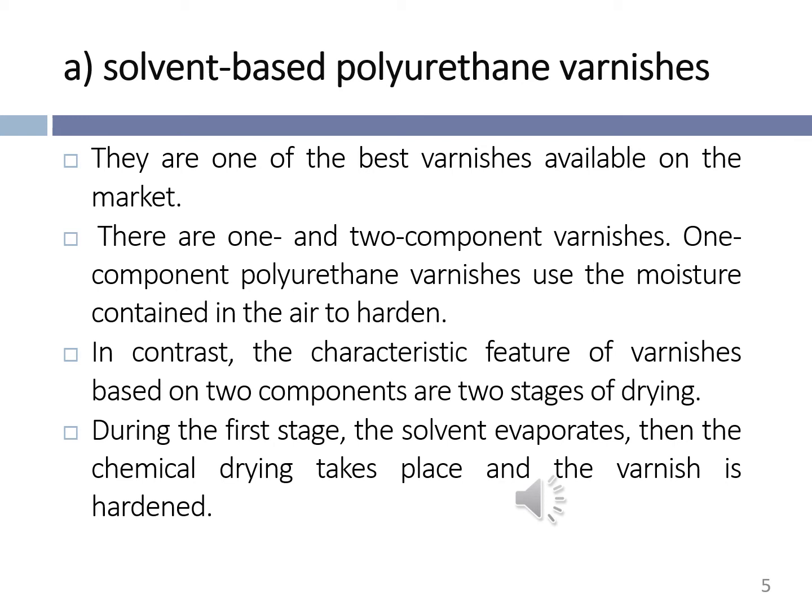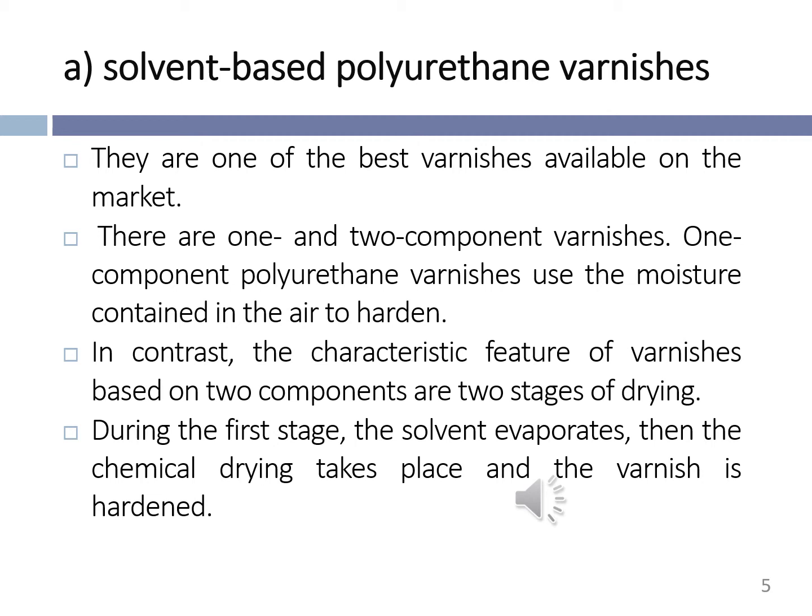In contrast, the characteristic feature of varnishes based on two components is two stages of drying. So what are the features of two component based varnishes? They require two stages for the process of drying.